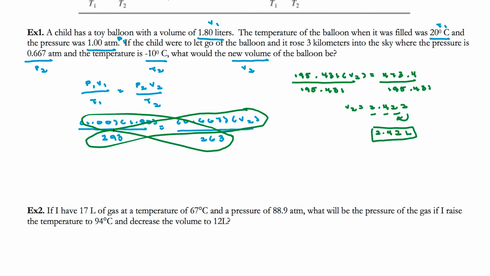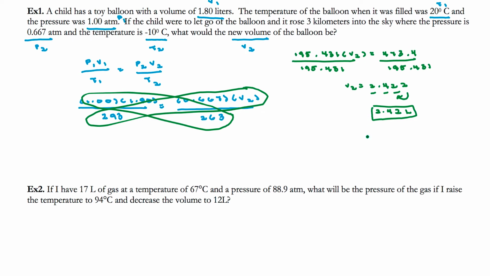So clearly the effect of the pressure decreasing is more significant than the effect of temperature decreasing, which is why the volume of a balloon, when it rises up in the sky, will increase until it eventually pops. And remember, the higher up in the atmosphere you are, the lower the pressure is.